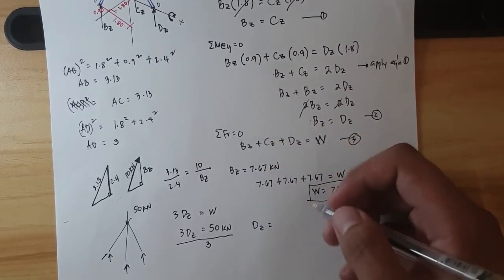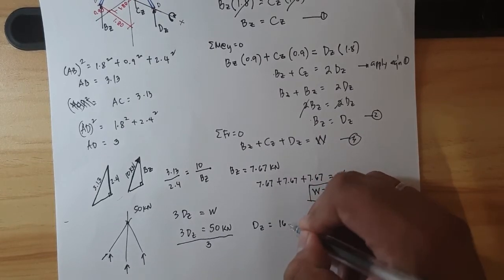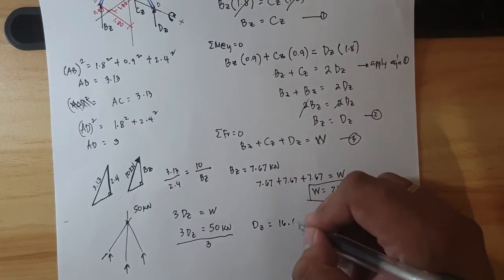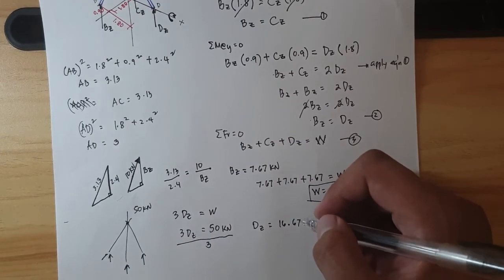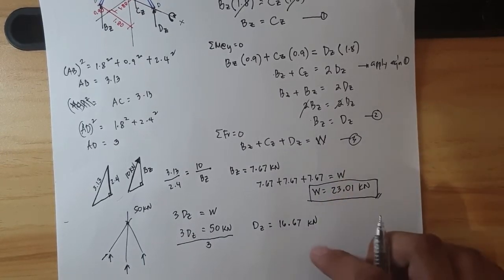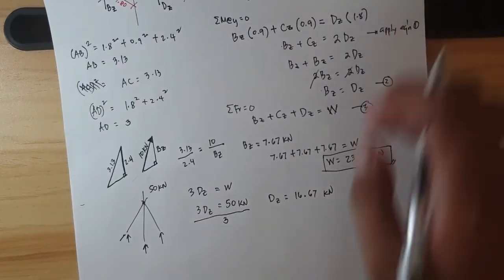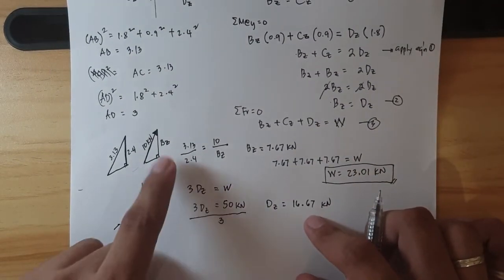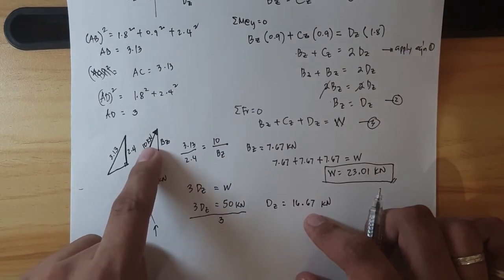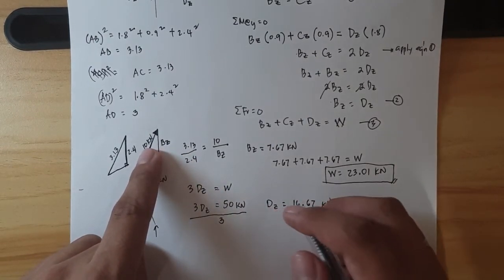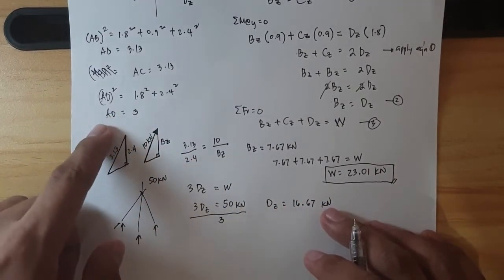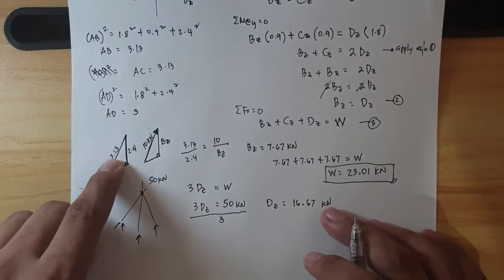That is 16.67 kilonewton. So by ratio and proportion, where before we used DZ, now we replace it with 50.